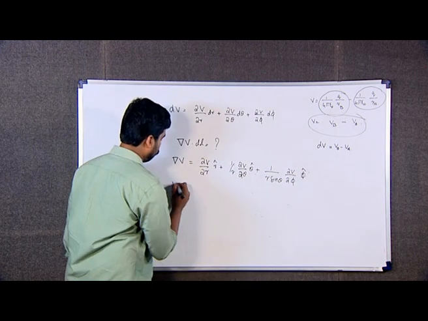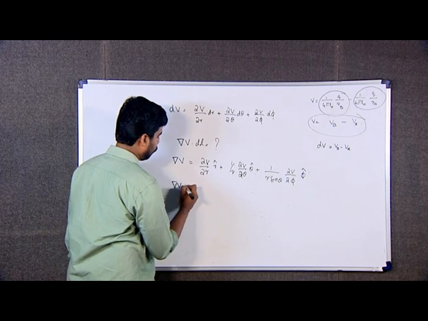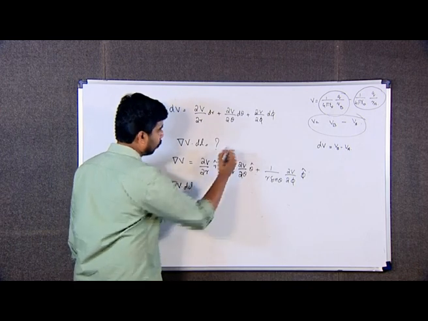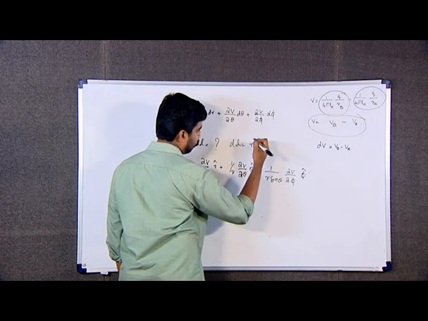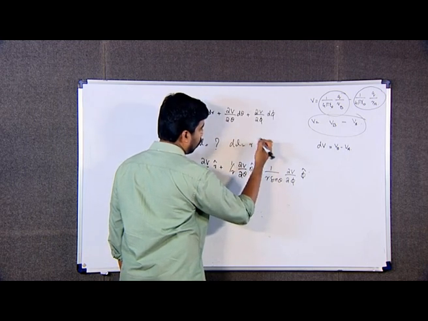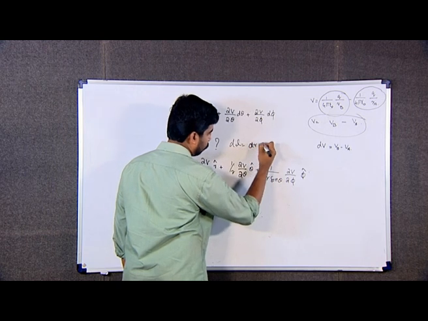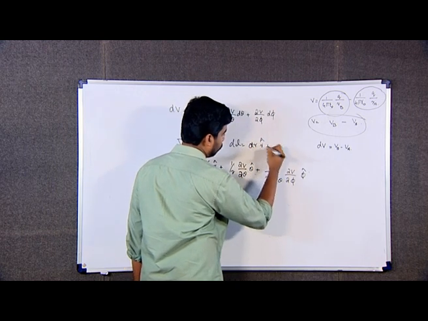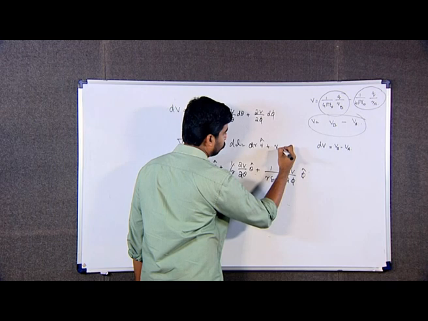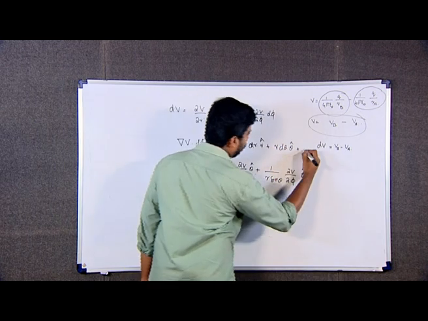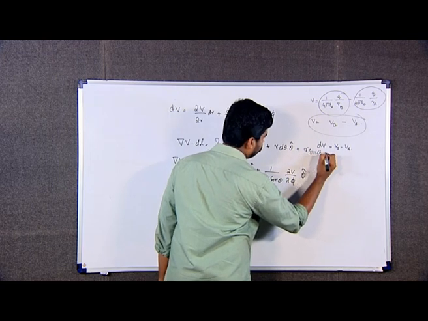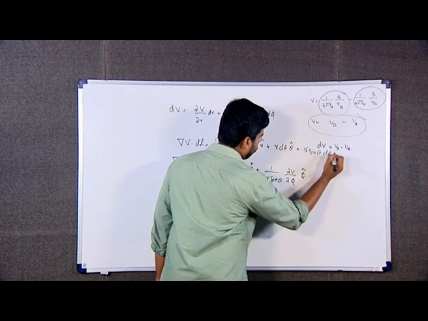So, what is del V dot dl? And we know that dl is equal to dr into R cap plus R into d theta into theta cap plus R sin theta into d phi into phi cap.